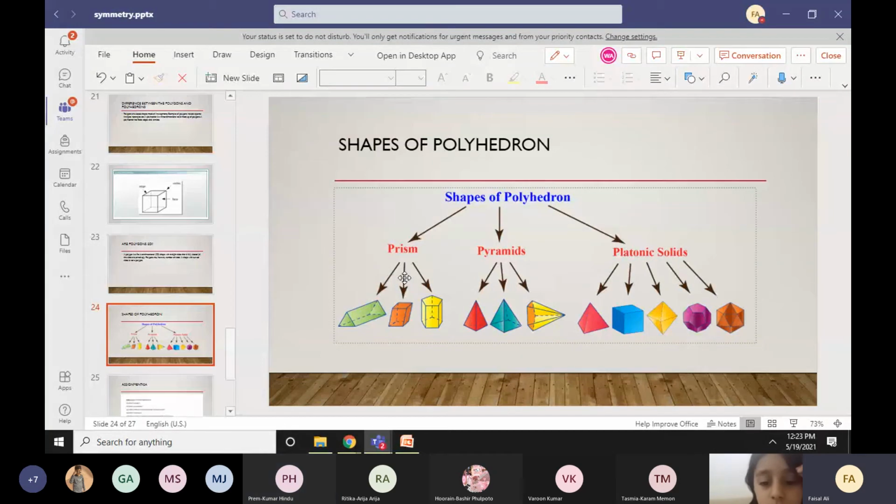So see there, the types of polyhedron are platonic solids, pyramids, and prisms. In the upcoming class, the last class of this week, we will learn about the platonic solids.